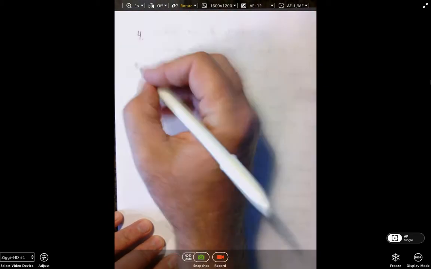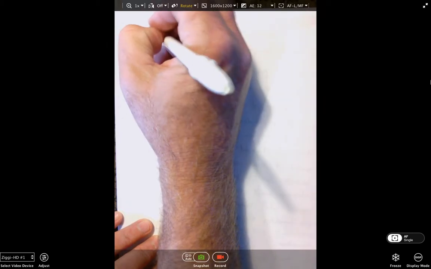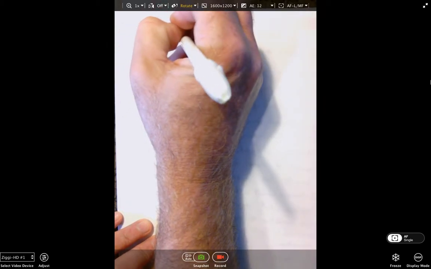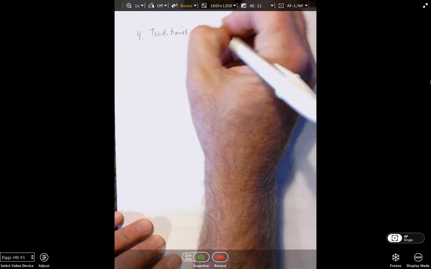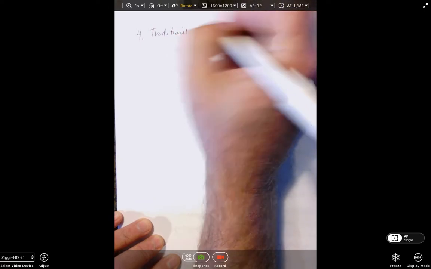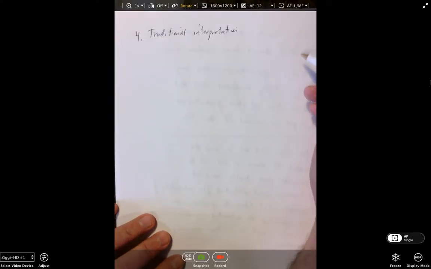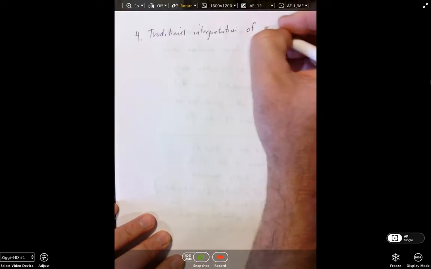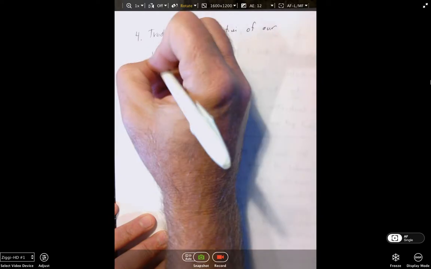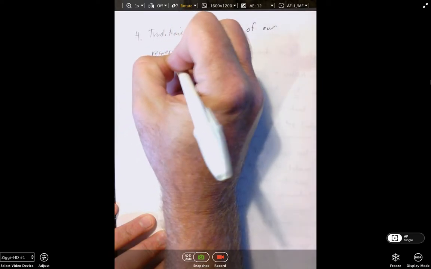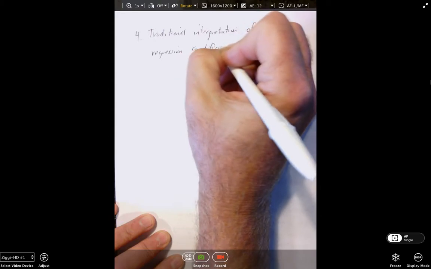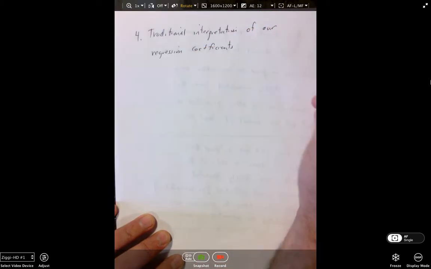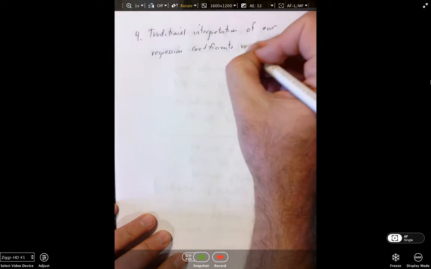And then the final thing, just as I pointed out before, is the traditional interpretation of our regression coefficients is unreliable.